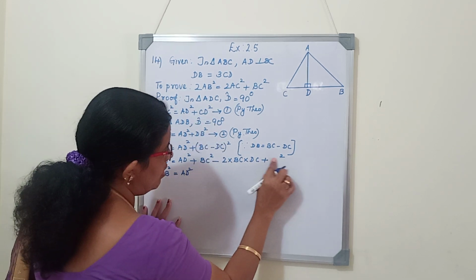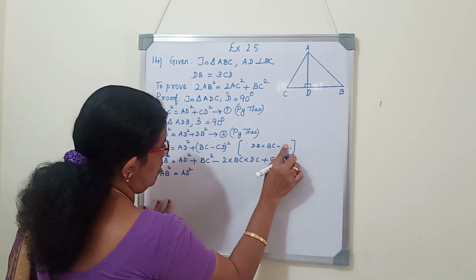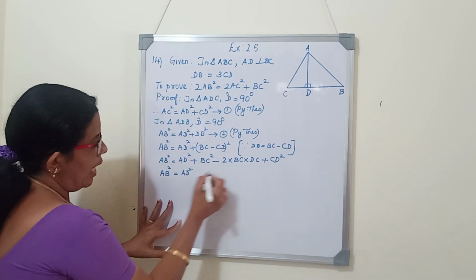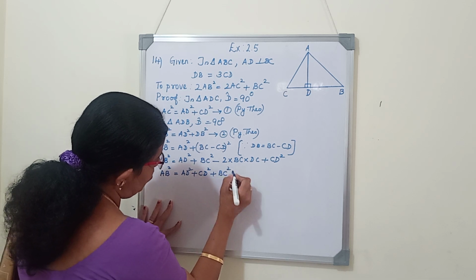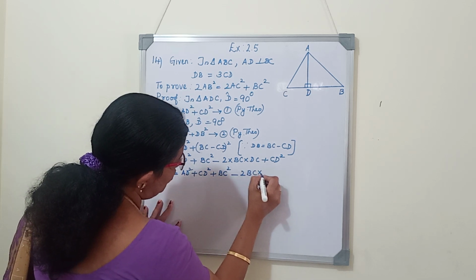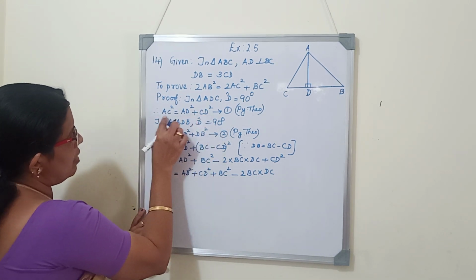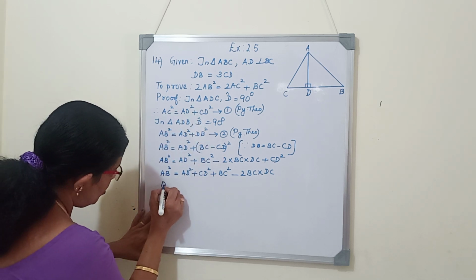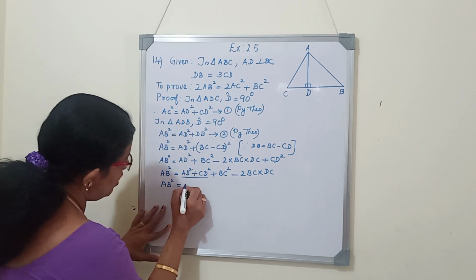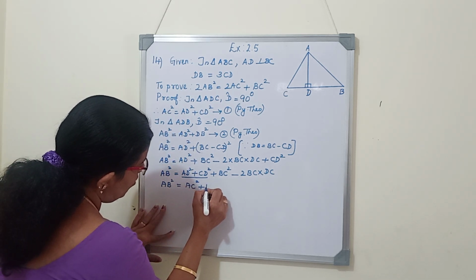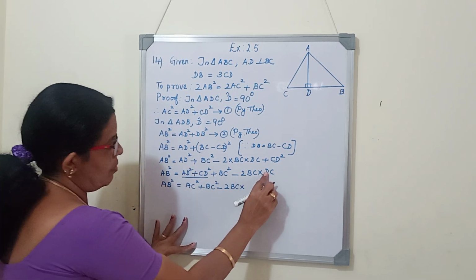See here, write CD square. AD square and CD square we will write together, and the remaining terms after that: BC square minus 2BC into DC. Now AD square plus CD square is equal to AC square from equation 1. So we will write AB square equals, instead of AD square plus CD square, AC square plus BC square minus 2BC into this CD.